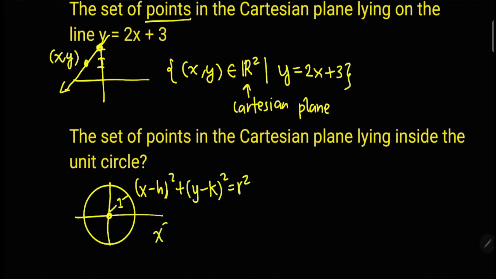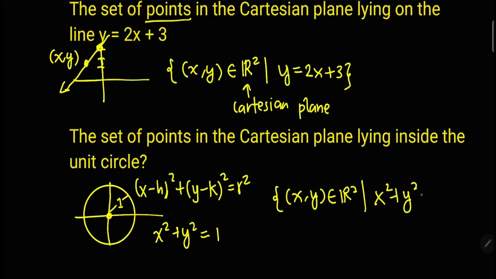So we have x squared plus y squared equals the radius 1 squared, so that's 1. So the set can be represented as follows: the set containing all points (x, y) in the Cartesian plane such that they follow the equation x squared plus y squared equals 1. So those are all the points on the circle x squared plus y squared equals 1.